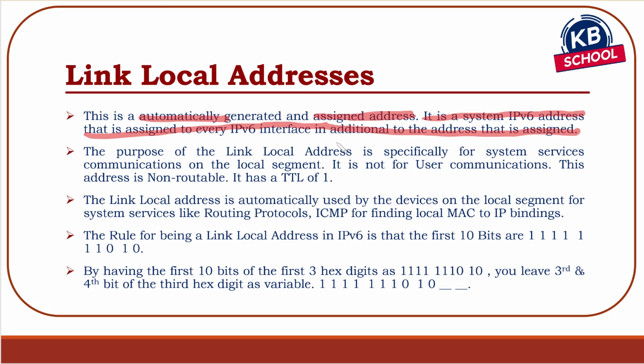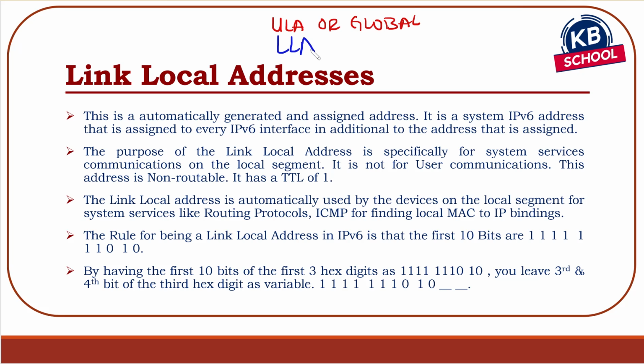So if you assign your unique local or global unicast address, you will have this address assigned to you automatically. So every interface in IPv6 will have your normal unique local or global address, plus the same interface will also have its own link local address, which it automatically generates.